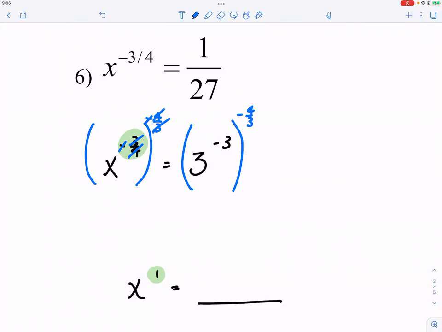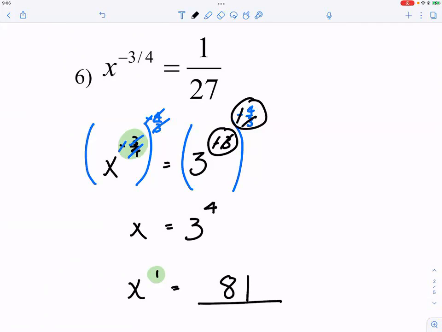So all you have is just x to the first power. And then we say, what about -3 times -4/3? Well, -3 and the 3 in the denominator would cancel each other out. The negative times negative cancels out. So that means x is equal to 3 to the 4th power, which is 81. Okay, so x is equal to 81.